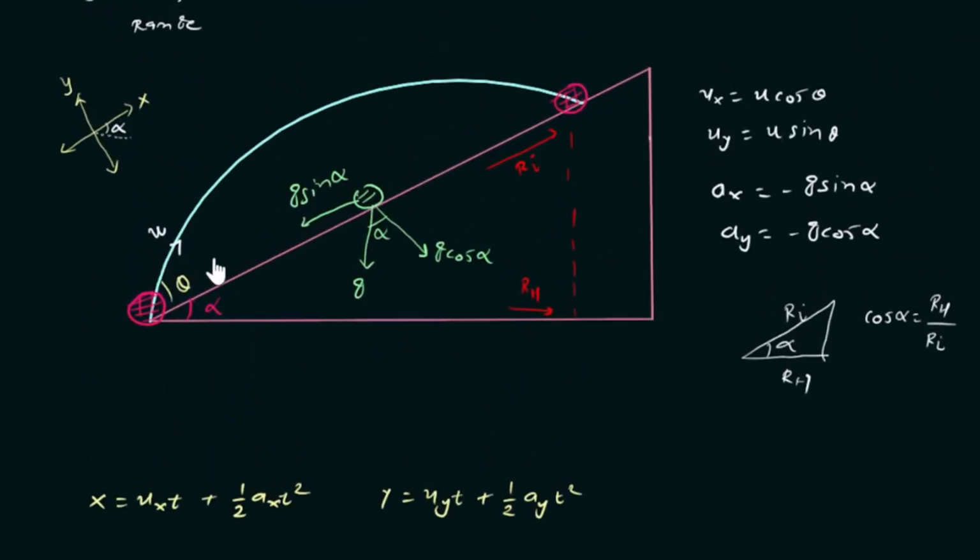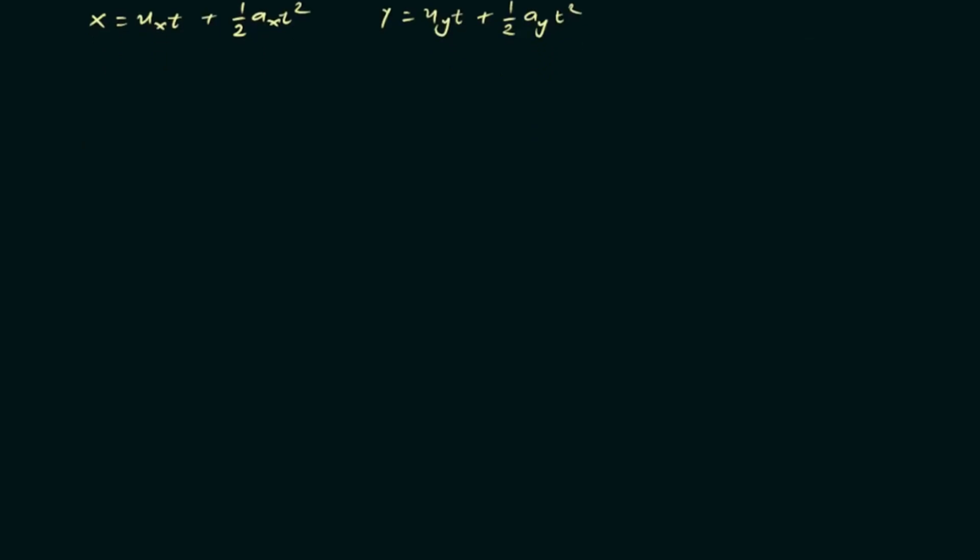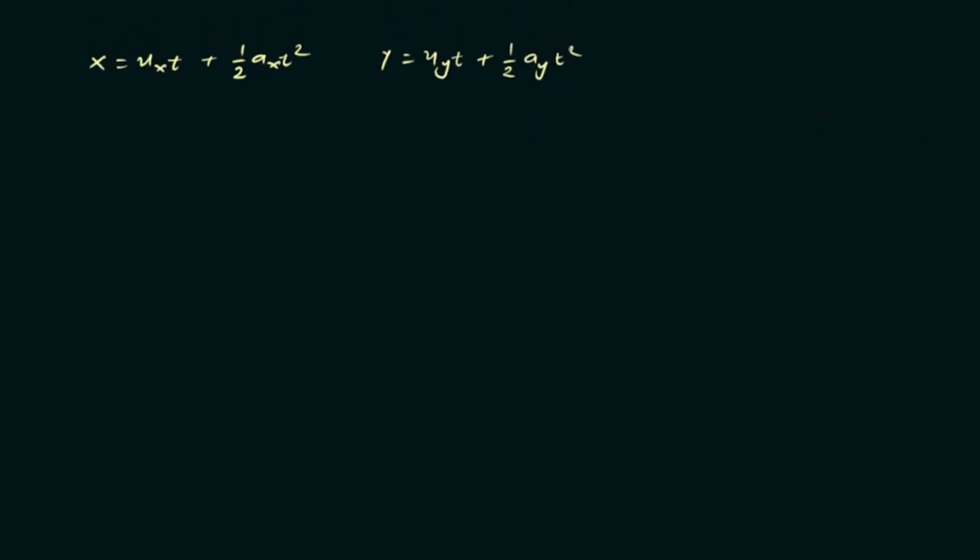Now you can see that when the object lands in this particular direction, its y coordinate is going to be 0, and its x coordinate is going to be the range along the inclination. So what is y? y is 0, uy is u sin theta t plus half minus g cos alpha into t square.